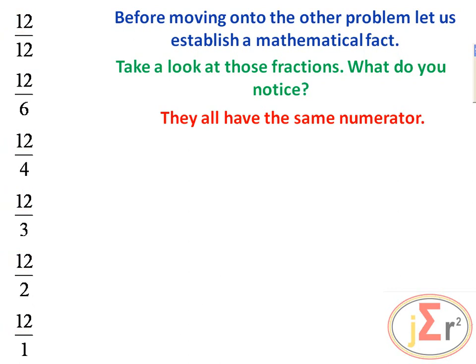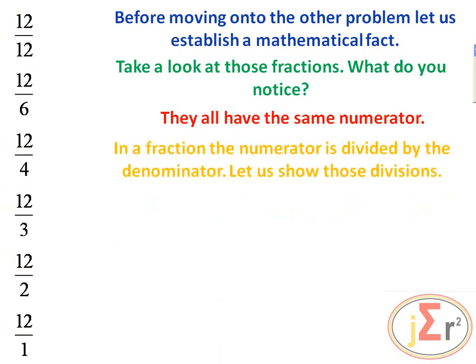Numerators are equal. In a fraction, the numerator is divided by the denominator. Let us show those divisions. So we have 12 divided by 12, and the result is 1. What about this one? 12 divided by 6, and the result is 2. 12 divided by 4, and the result is 3.